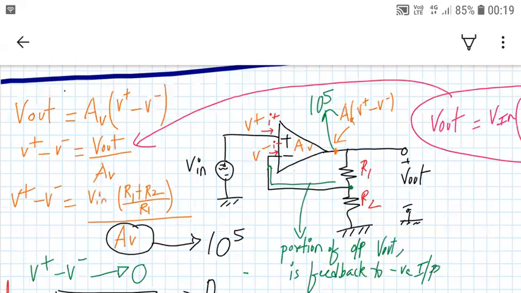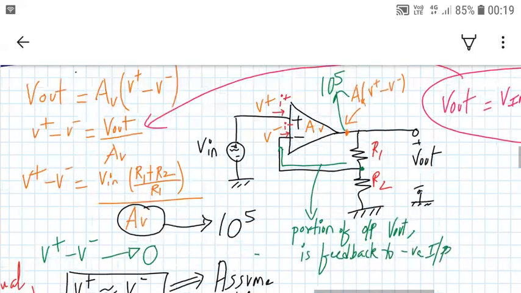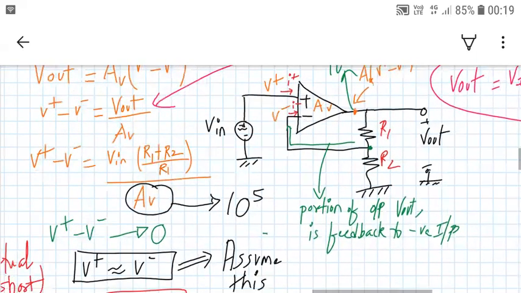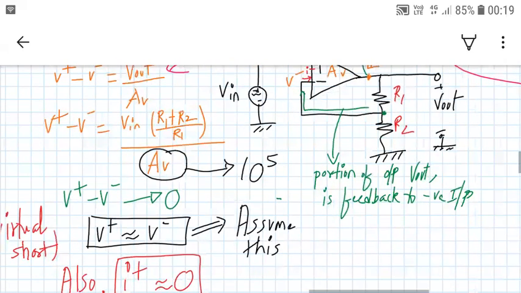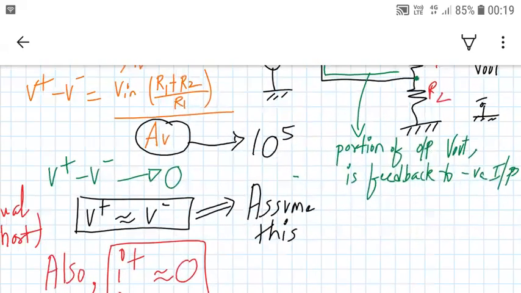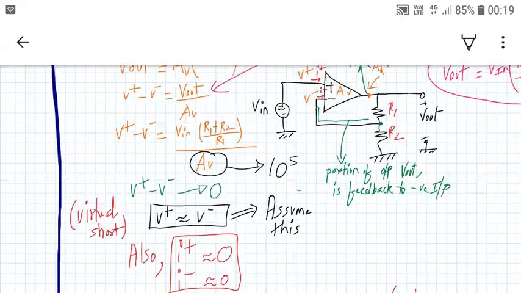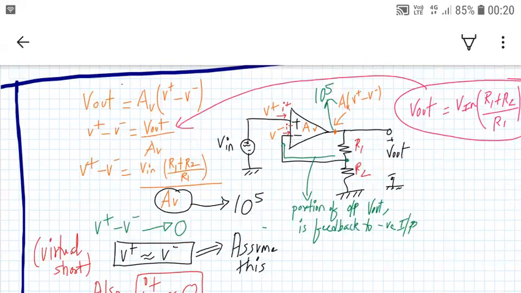Again, the same story comes. The denominator is extremely large. Hence, V plus minus V minus will approach 0, and we can say that V plus is almost approaching V minus. Now listen, this is coming from the circuit analysis. So for most of the circuit analysis, we will assume this as a first step. That will make analysis of op-amp incredibly simple.